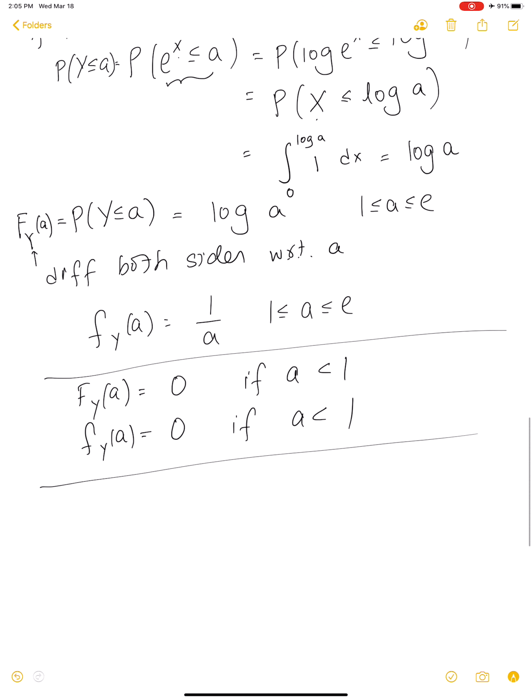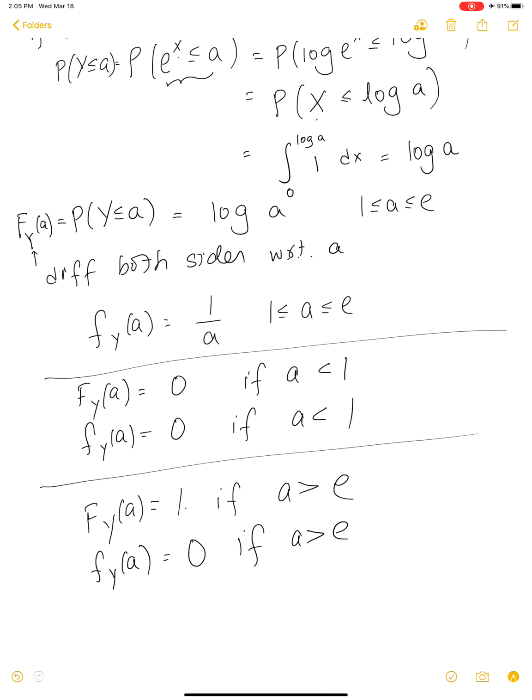And then the CDF is 1 if a is bigger than e. So differentiating the constant 1, you get 0 if a is bigger than e.